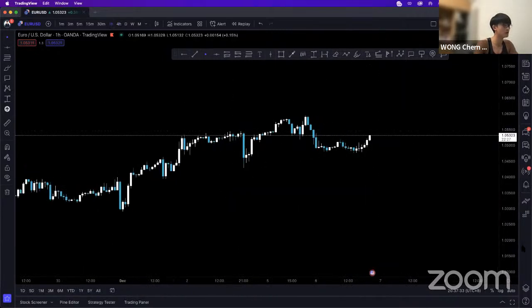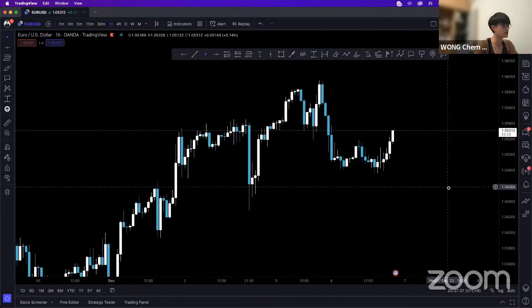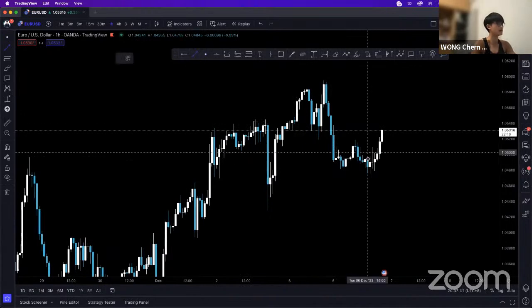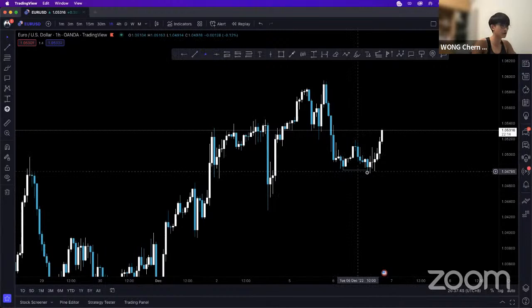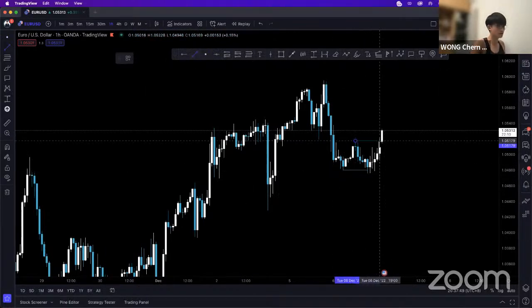If you go down to the 1-hour time frame, guys, we can see that there is actually a change in market structure already being performed in Euro USD. What I mean by that is that we can see these lows being taken out, liquidity being taken out over here, which led to a break of structure over here, the high here.